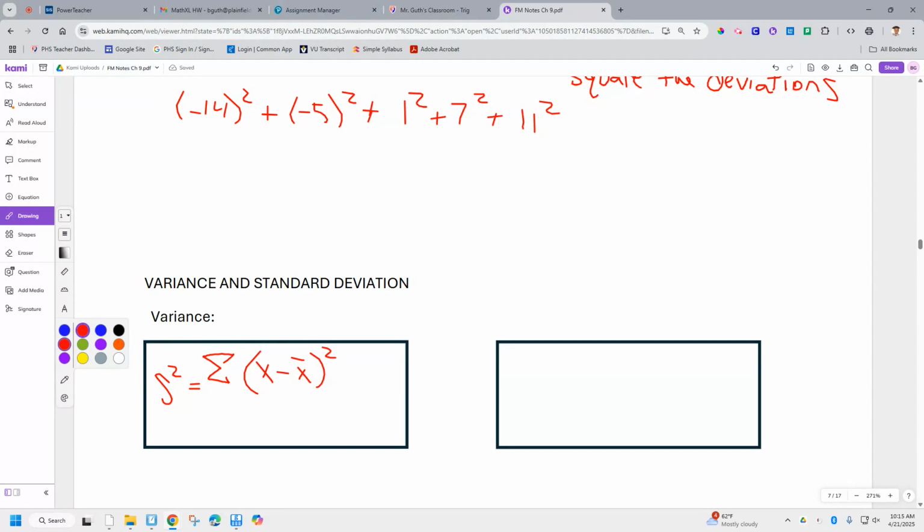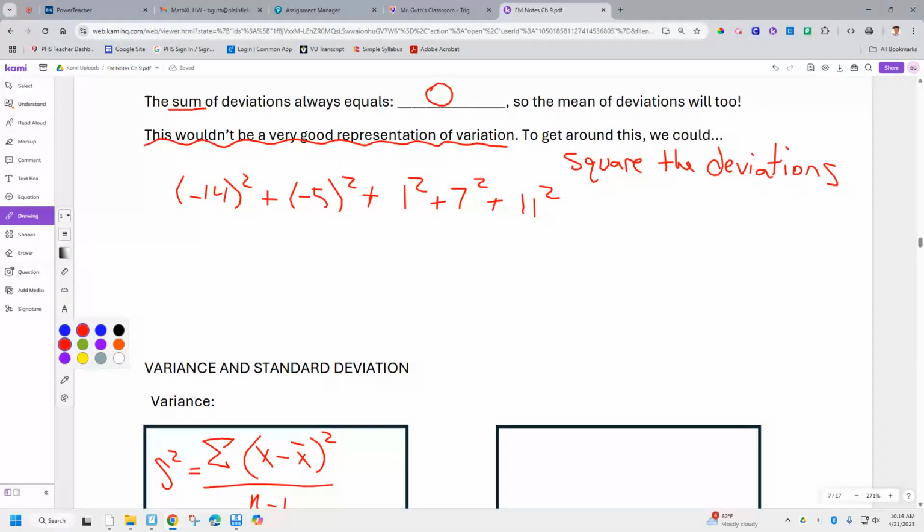When I say x in this formula, x is just each individual number. Each of those numbers, like, what were they, 32 and 41 and 47, those are your x numbers. And then x bar is the mean. And so you're going to subtract those. You're going to square that. And then you're going to divide by n minus 1.